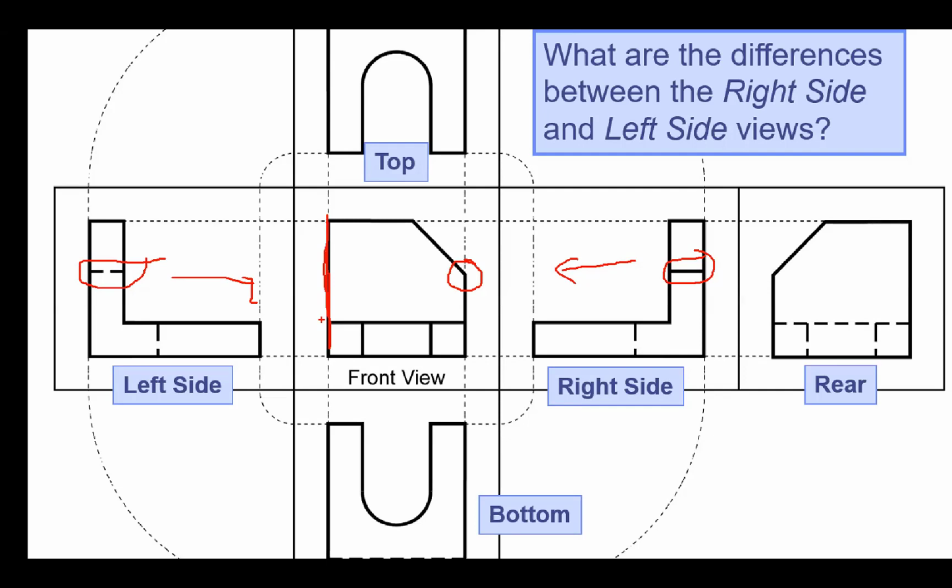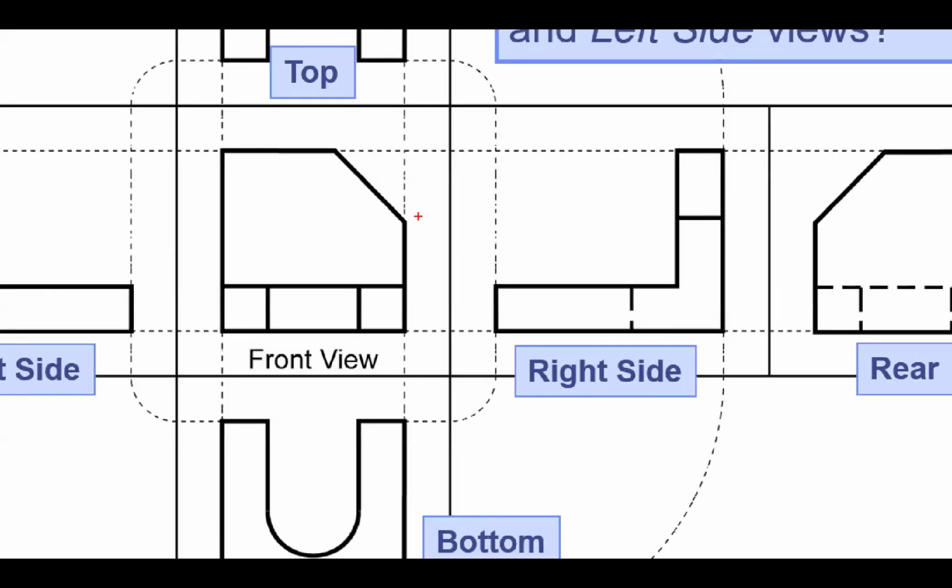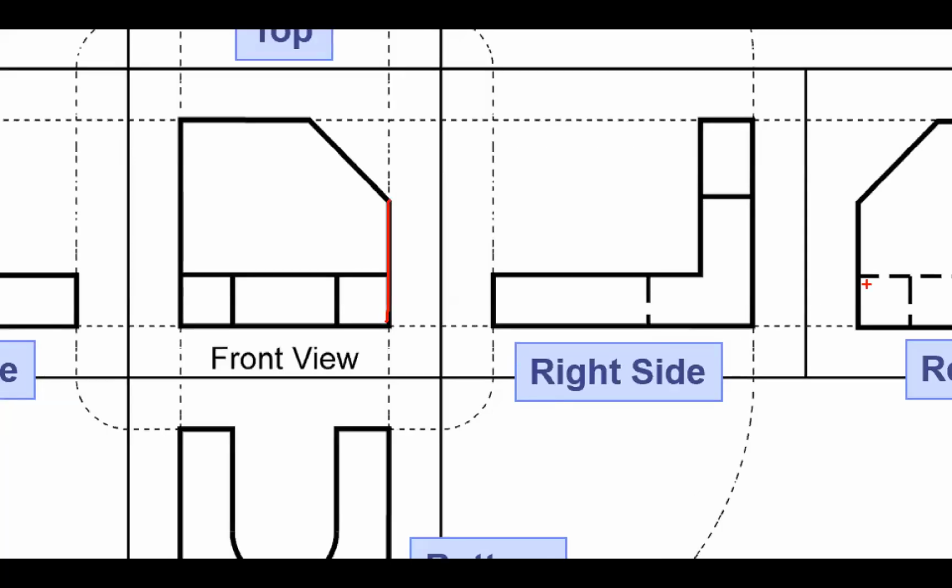Another common mistake I see is a lot of times I'll see a drawing that has a front view, and you meant to make a right side view, you put it where the right side view belonged, but you created the left side view. So what we have to realize when we create these views is that this edge represents this space here.